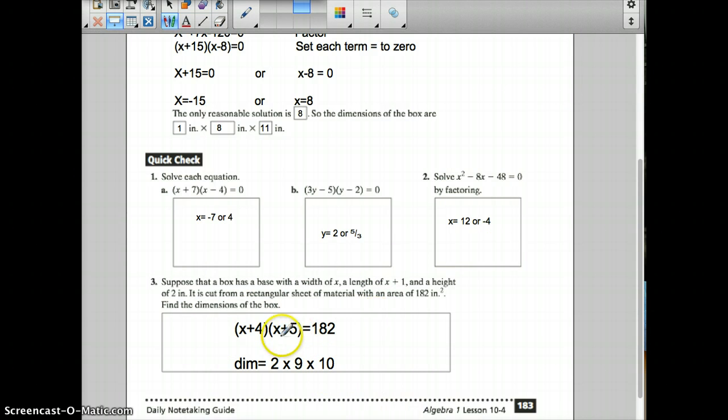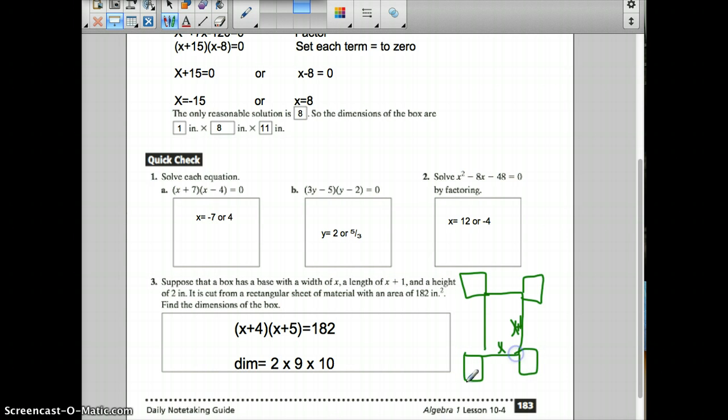In this case, our box is going to be a 2 by 9 by 10. If you're having trouble with this, imagine that here is the box, okay? And then it says that the width is x, and that this side is going to be x plus 1. But now remember, we have to add 2 inches to each side instead of just 1 in the previous problem.